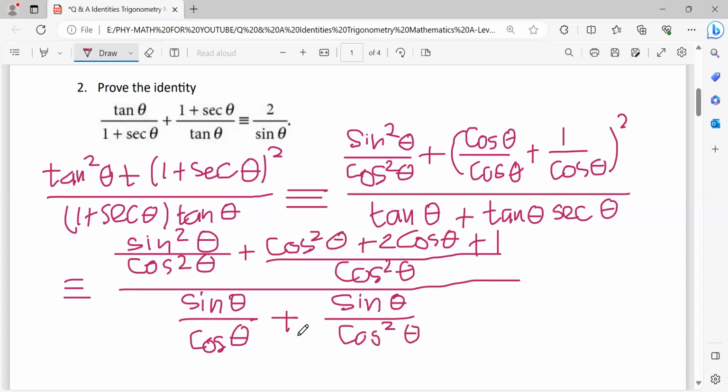So we need to arrange to the same denominator.